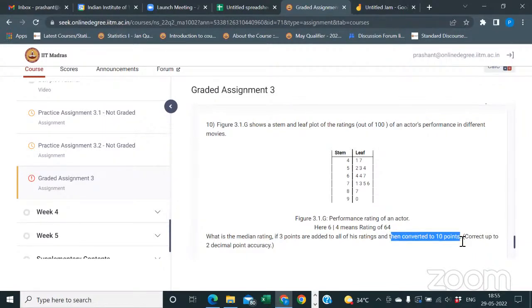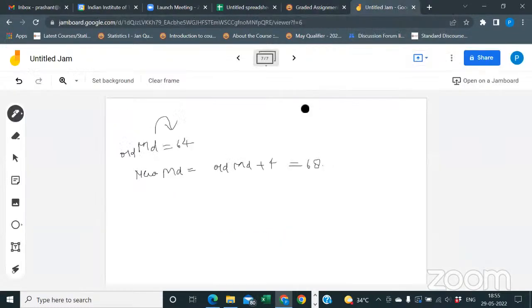Did you do this or not? No, sir, I haven't understood it. What do we have to do? See, convert it. Initially the ratings were out of 100. Suppose, for example, you got 40 marks out of 100, right?